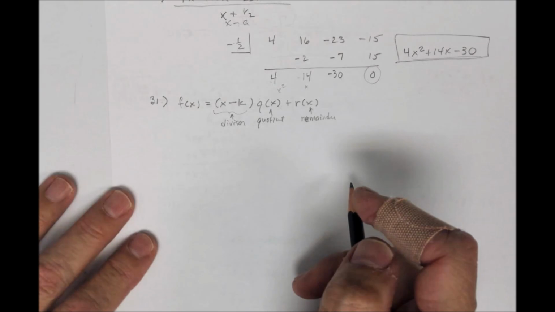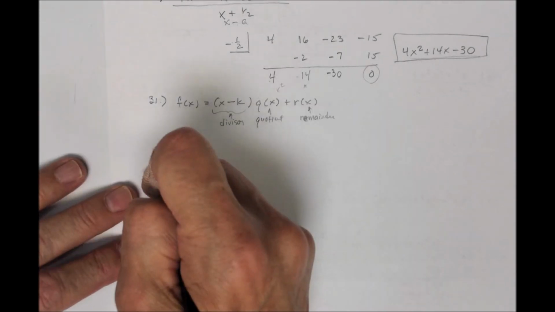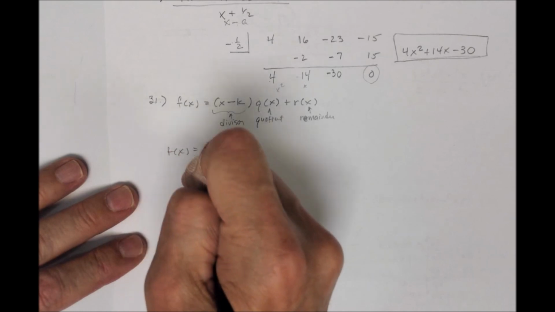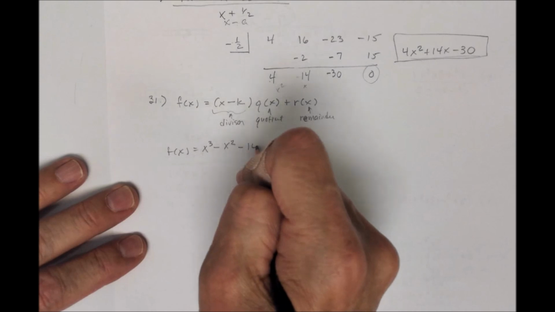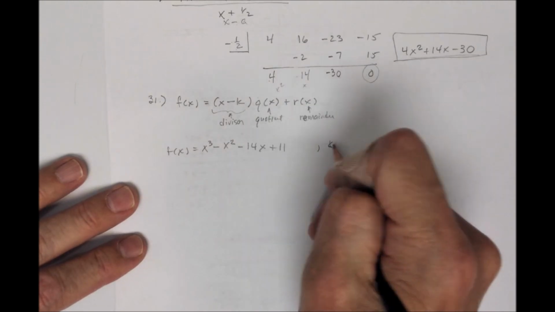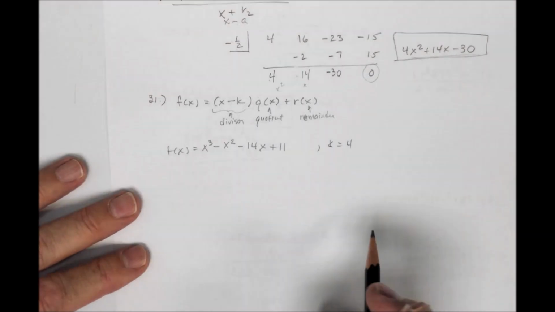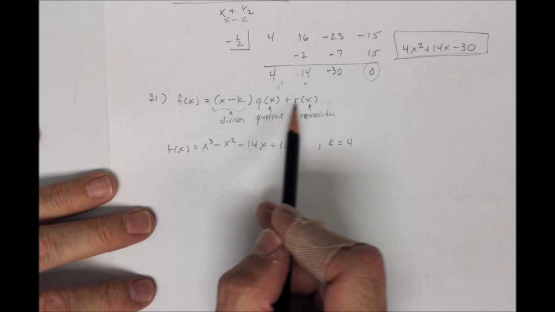So in 31, they give you k is 4. F of x is equal to x to the third minus x squared minus 14x plus 11. There's the 11. And then k is equal to 4. So if k is equal to 4, what you're doing is you're dividing to figure out the quotient and the remainder. We already know the divisor.